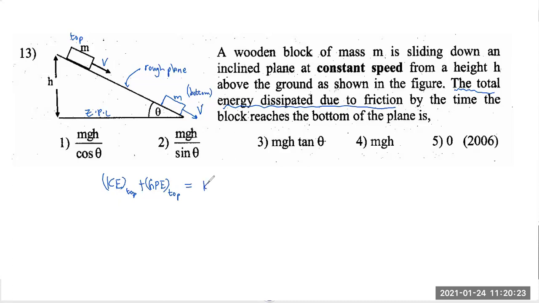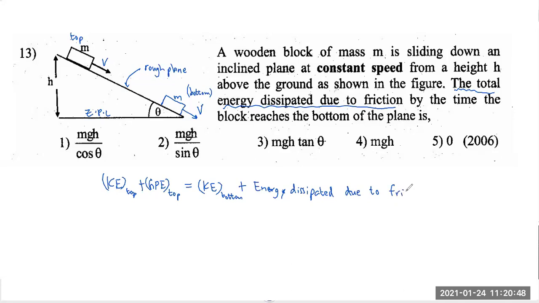It will have kinetic energy at the bottom because it has a speed. It will not have any gravitational potential energy, and out of this total energy, a part will be used to perform work against friction. So that is the energy dissipated due to friction. Hope you all understood this.